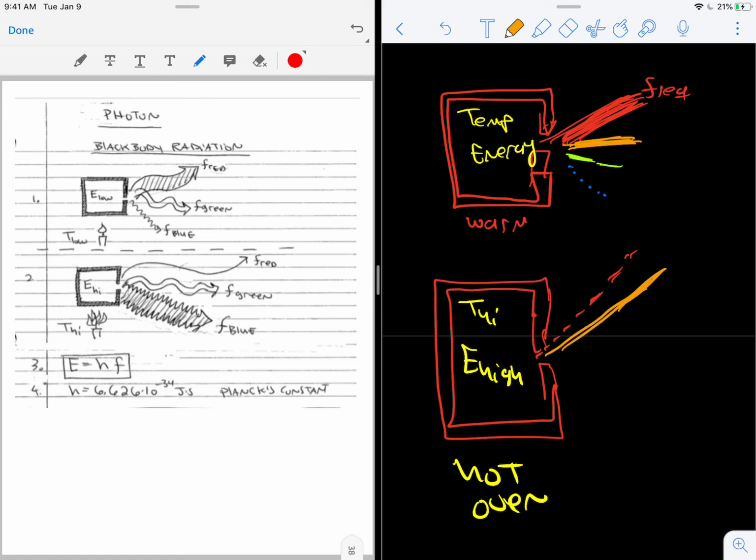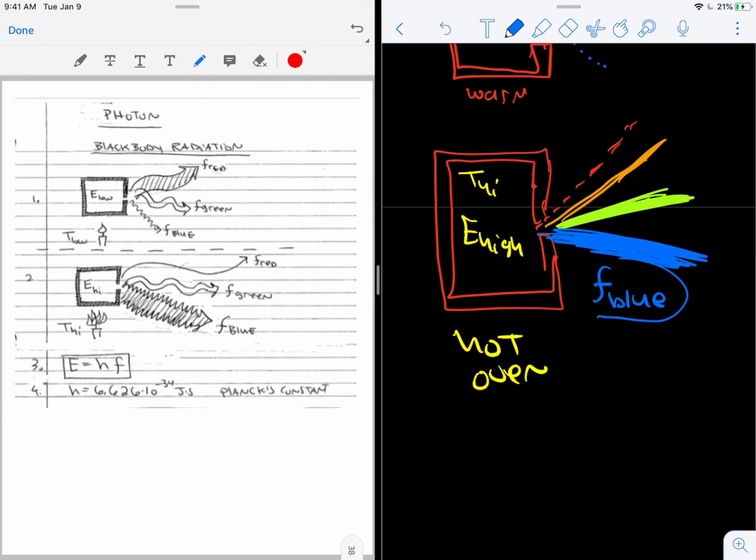There's going to be a bit more orange light, and even more green light, but there's going to be mostly blue light. So when things are hot, they glow blue, and when things are cool, they glow red. And blue light has a particular frequency, which I'll say frequency blue.